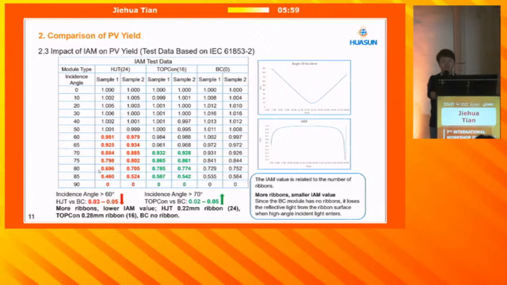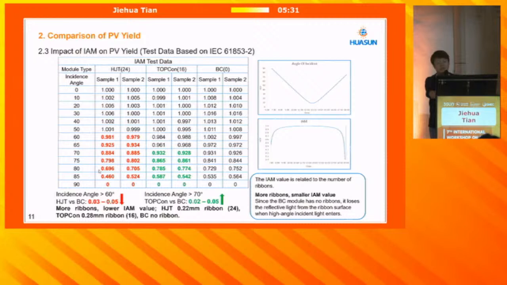When the incident angle is more than 70, the IAM of TOPCon is 0.02, 0.5 more than BC. The figures show the function of AOI and AM with the time before 9 a.m. and after 4 p.m. AOI and AM have an obvious difference among the three models.